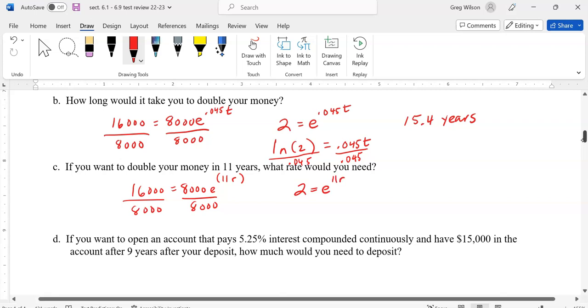Now turn this into a natural log, so it's going to be the same. So this time we're going to do natural log 2 and then divide by 11. And in percent form rounded to the nearest tenth, moving the decimal 2 places to the right, it's about 6.3%.